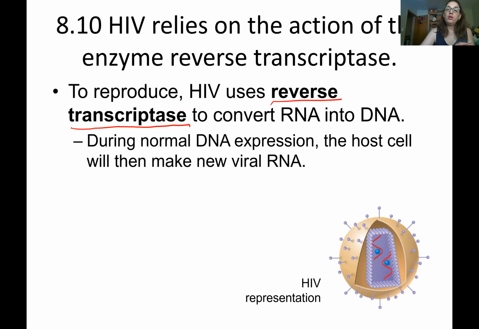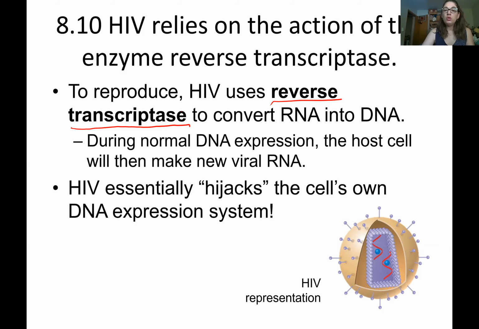So during normal DNA expression, the host cell will make new viral RNA. And essentially, when this HIV virus comes in contact with the host, it infects the host cell, takes over the host cell machinery, just like we talked about in the lytic cycle, and makes more HIV viruses.